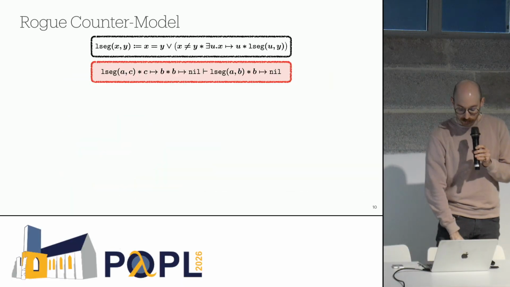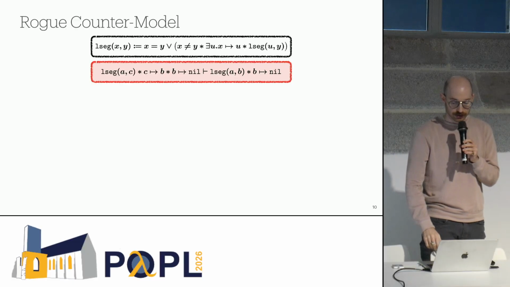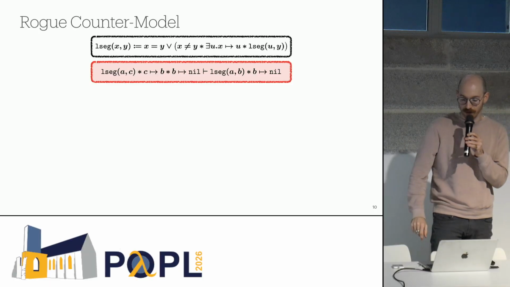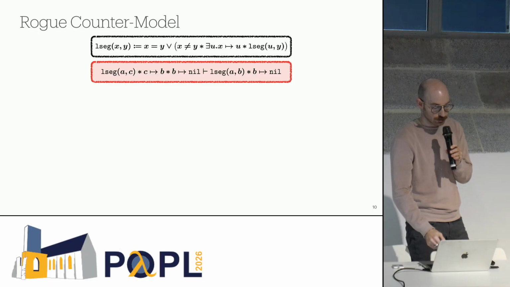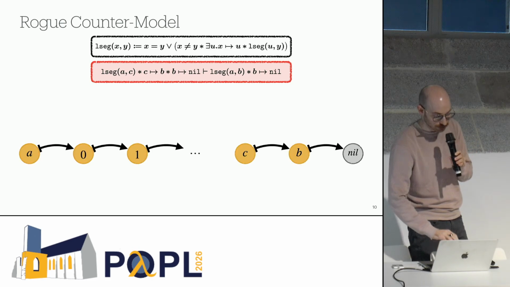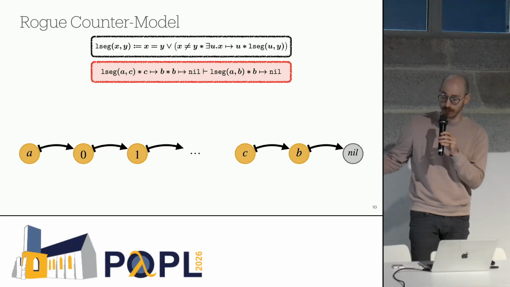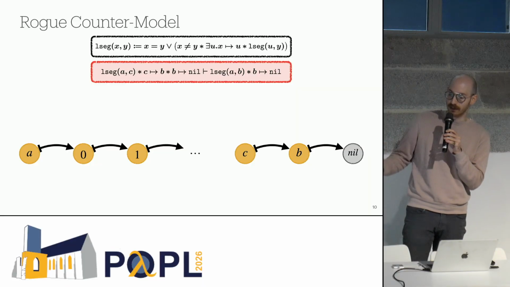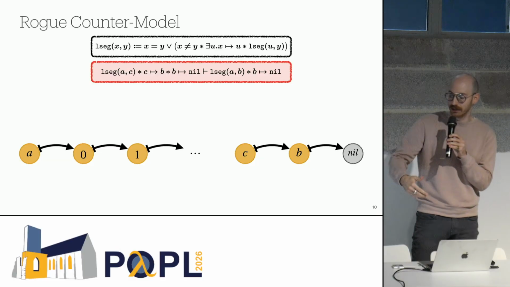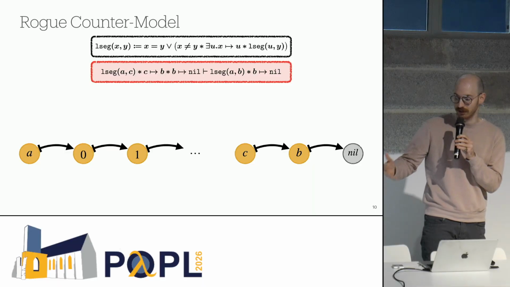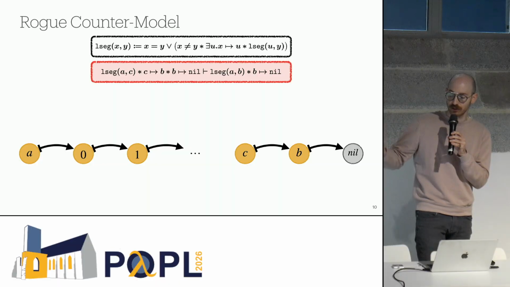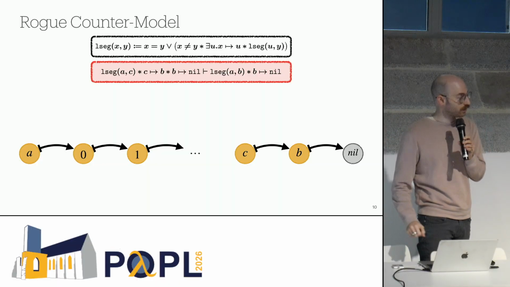Okay, so let's see this in practice, going back to this entailment that we were not able to prove. We can look at the rogue counter model for it. It looks like this. We have an infinite heap, where we have the heap locations A, C, B, nil, but also these infinite heap locations 0, 1, and so on, where A points to 0, 0 points to 1, and so on.